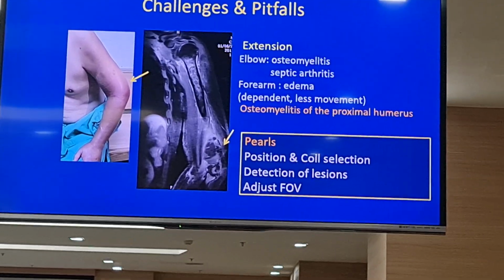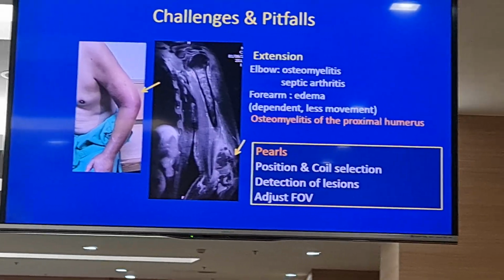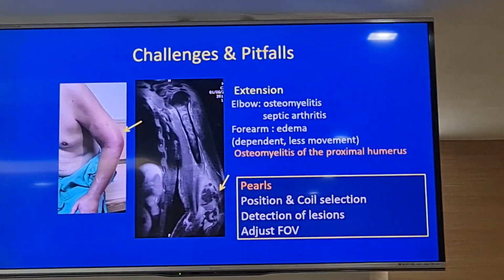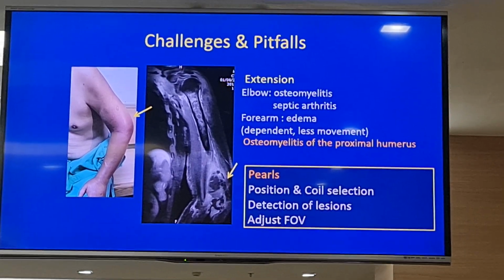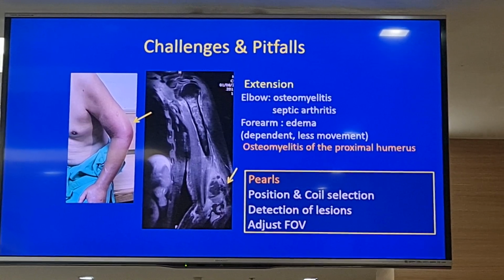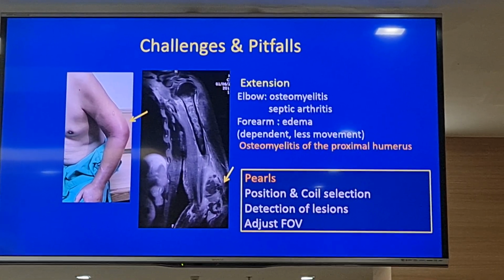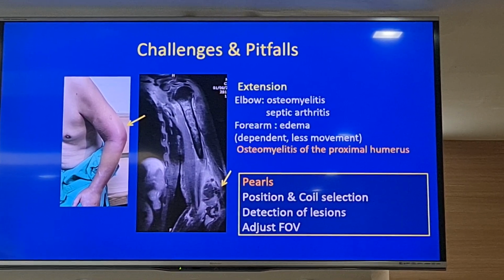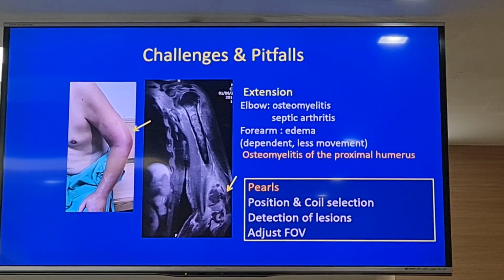So the point is, first of all, to image like this, you have to be aware that you have to cover all these areas in the study. You cannot concern yourself only with this area, but be flexible when you scan the patient. You can reposition the patient during the scan to cover the whole thing.